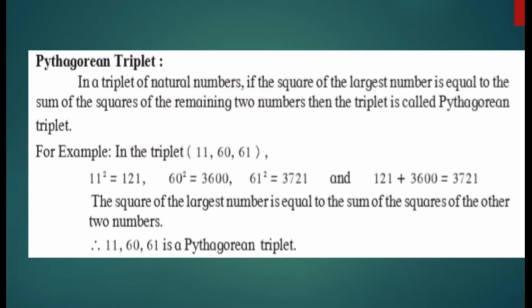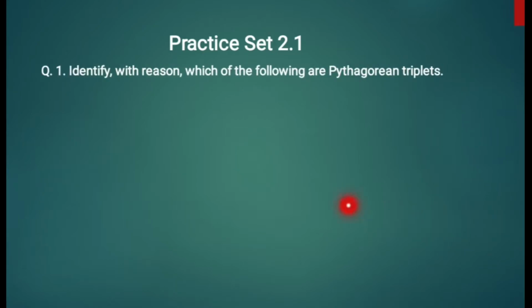So we see problems based on Pythagorean triplet. So we see a problem from practice set 2.1. So see the first question. Identify with reason which of the following are Pythagorean triplets.